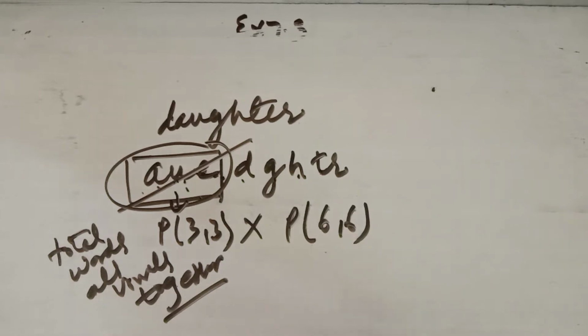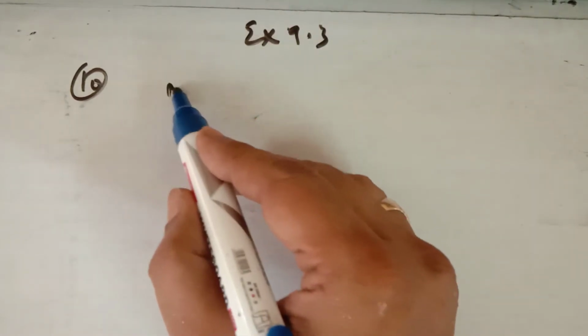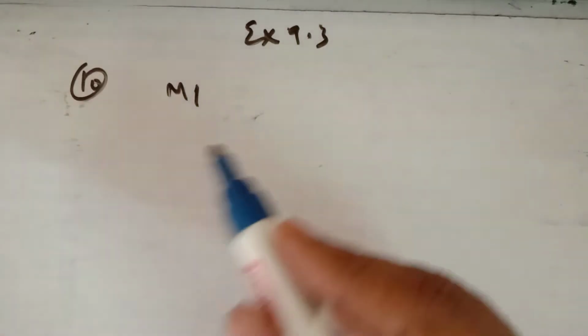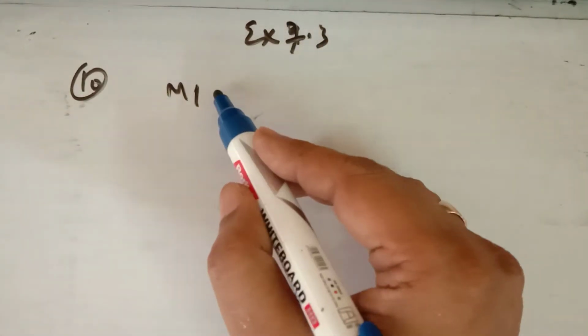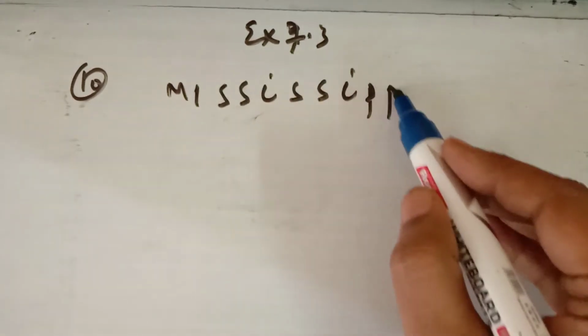So these are 2 to 3 questions which you have to do before doing question number 10, in which there is the word Mississippi, spelled MISSISSIPPI.